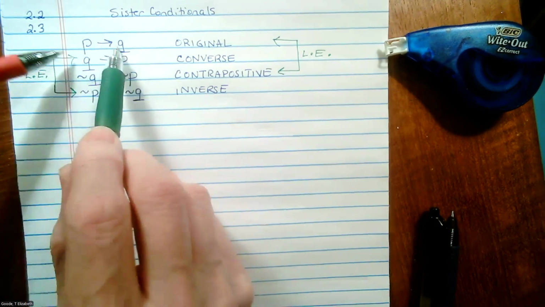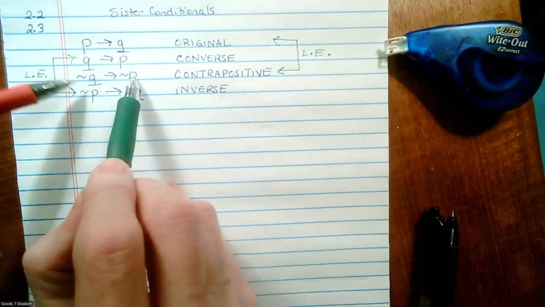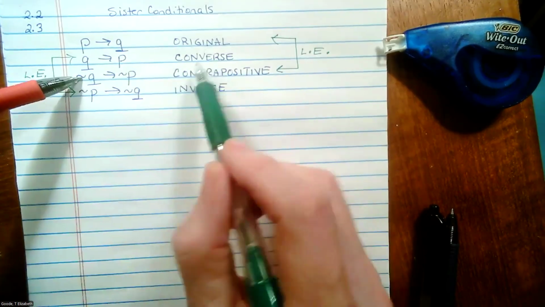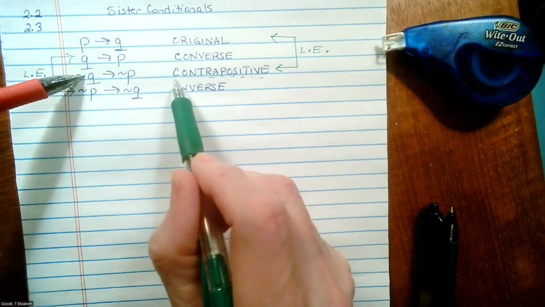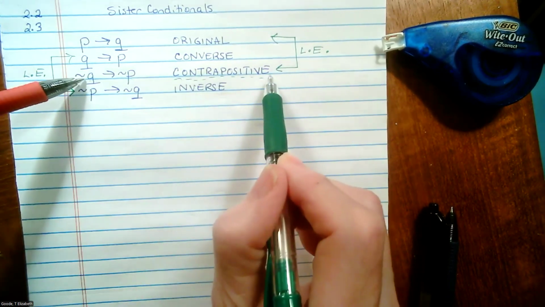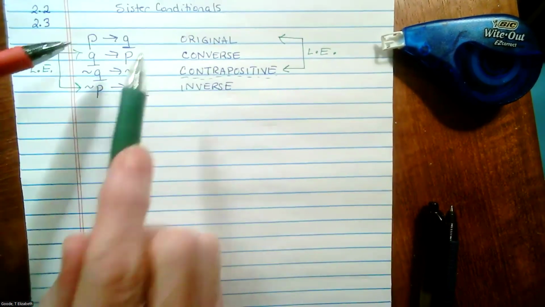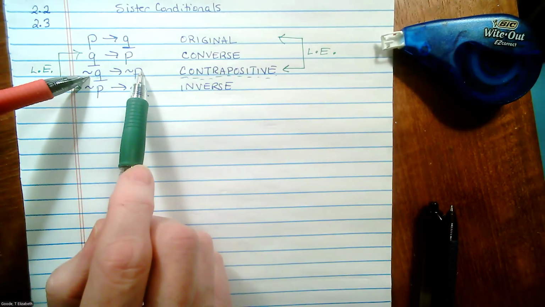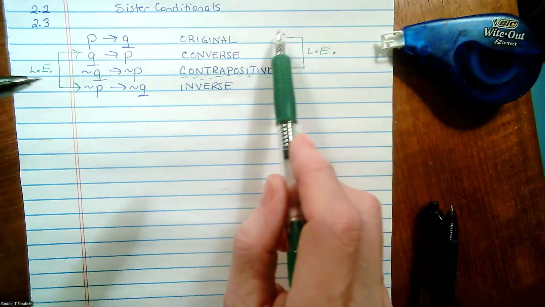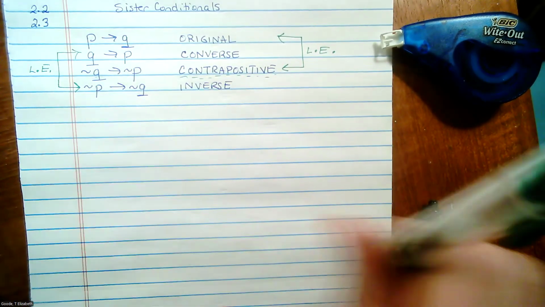We switch the position of the P and the Q, and we negate them both. Contrapositive is the longest word, the most involved word. That's one way to remember that the original and the contrapositive are logically equivalent.